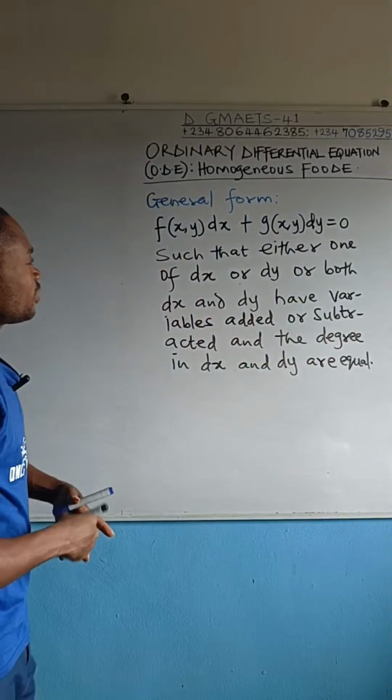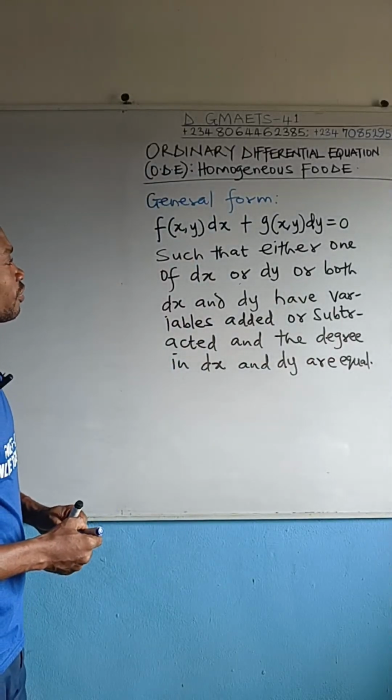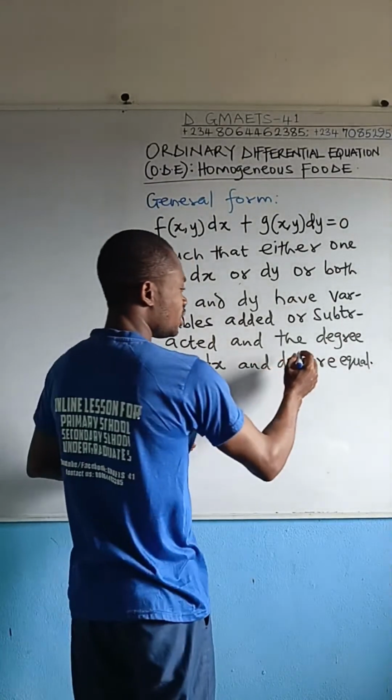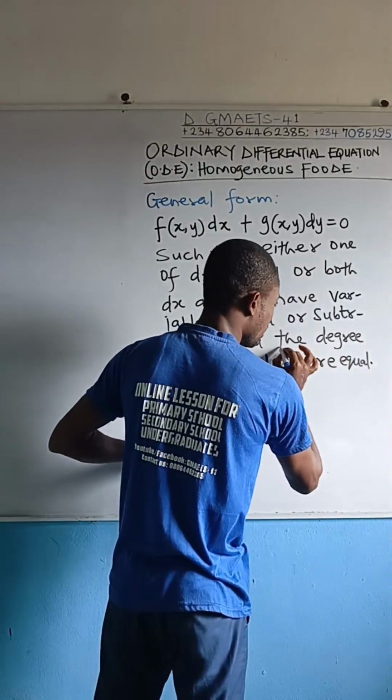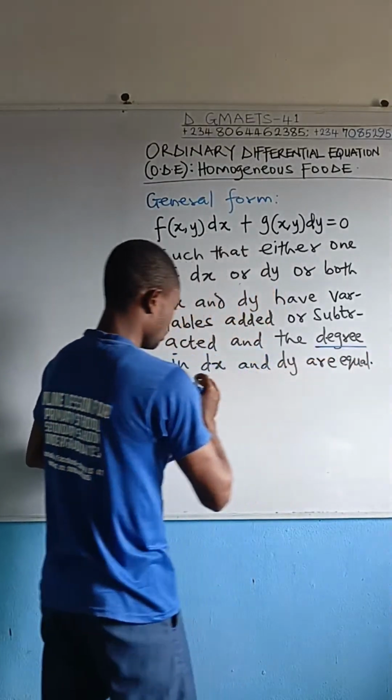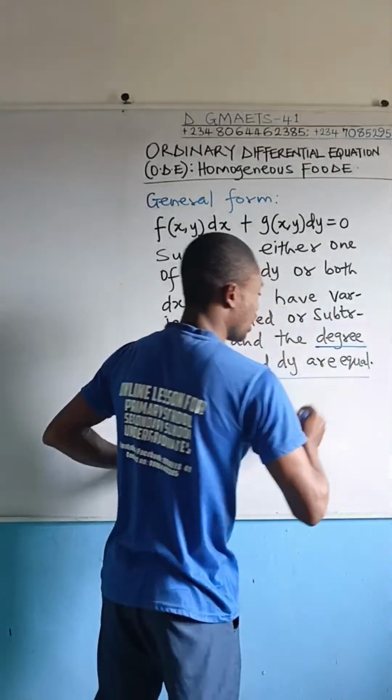So this is how you identify a homogeneous first order ordinary differential equation. This part is very, very important: the degree in dx and dy are equal.